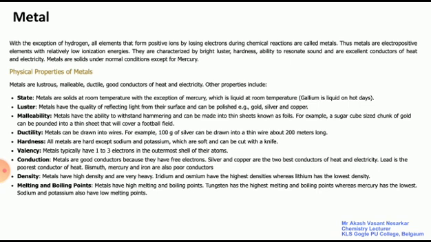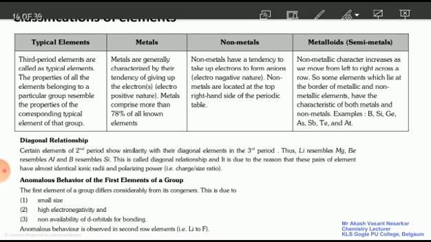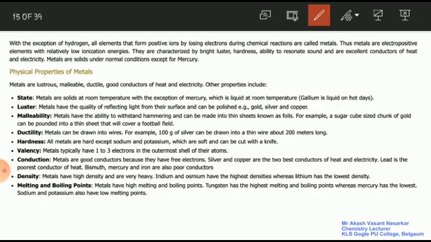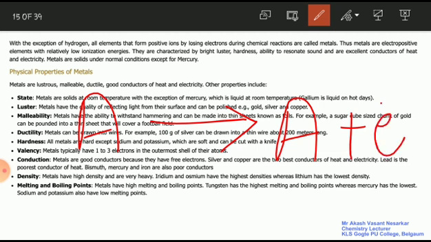Suppose A is an element from the periodic table, and during the course of the reaction, that element loses an electron, so A plus e minus means it is giving up an electron.